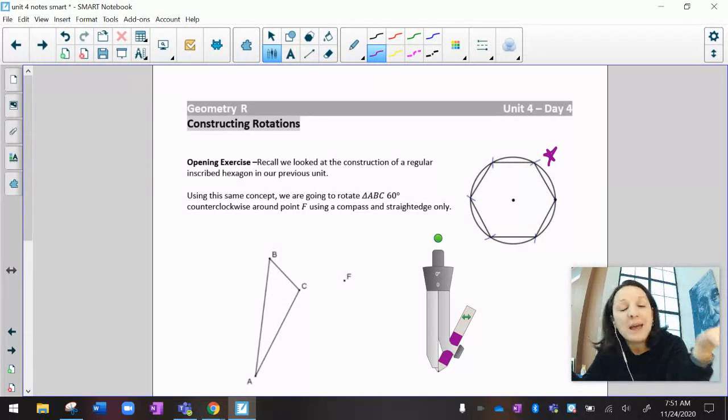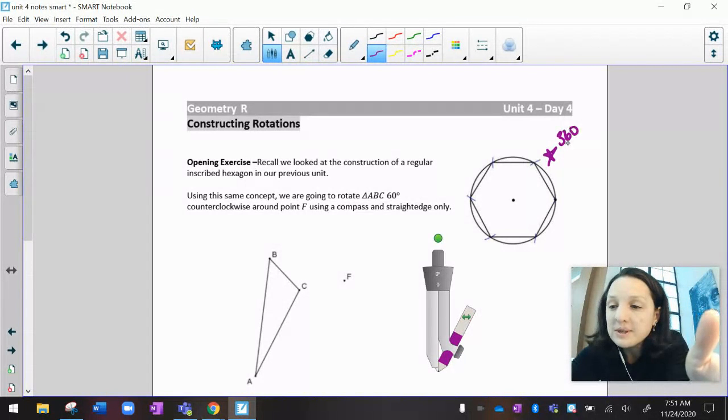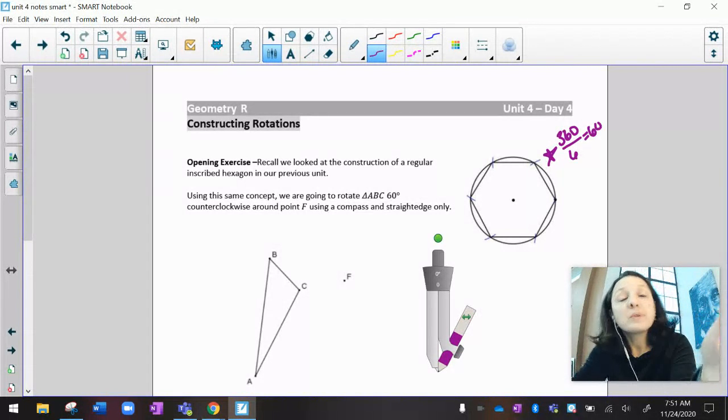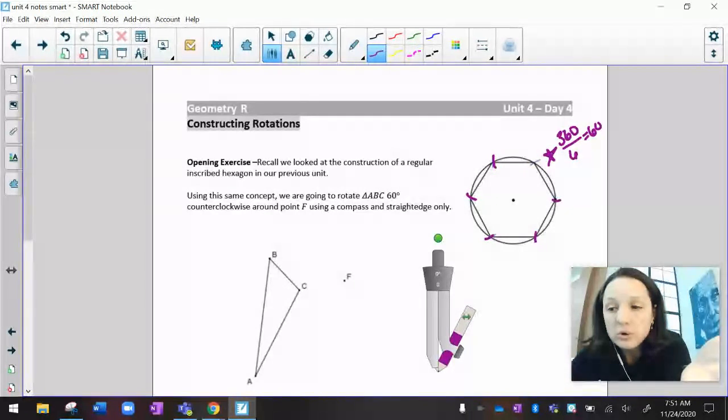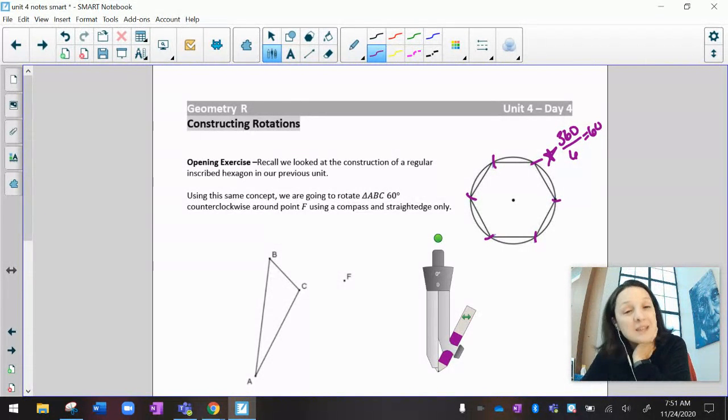When I construct a hexagon inside of a circle, we drew 6 arcs around the edge of the circle. So 360 divided by 6 is 60 degrees. And that means each time we did this, we did a 60-degree turn. So I can use that idea to rotate something any multiple of 60 that I want.